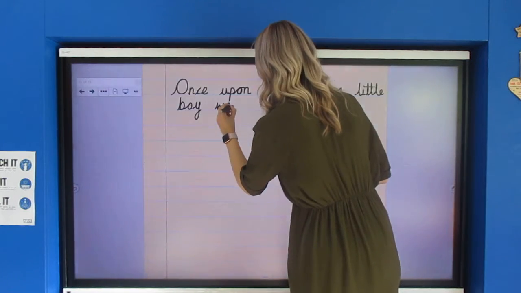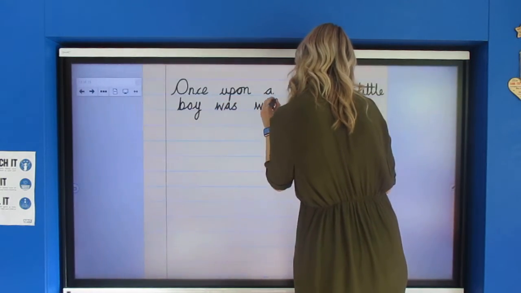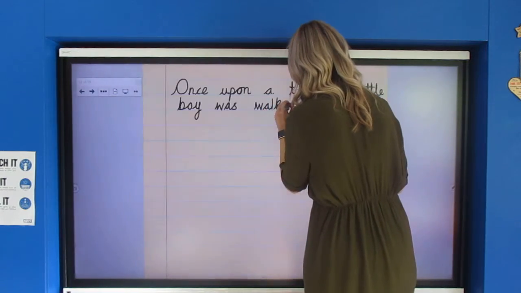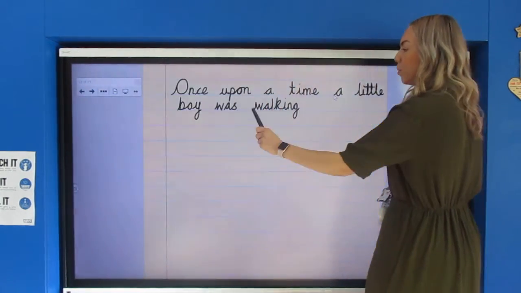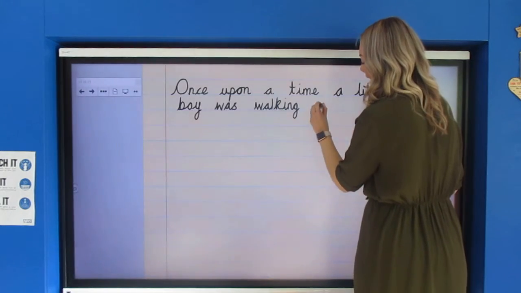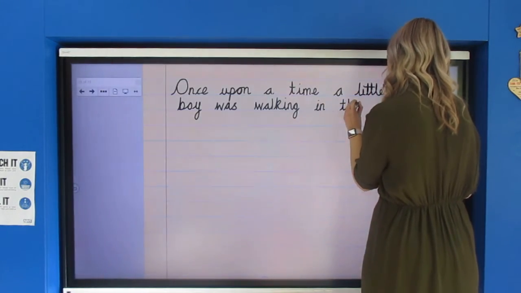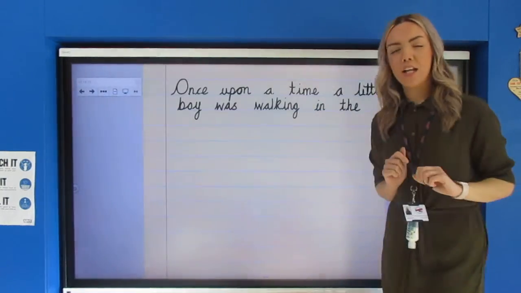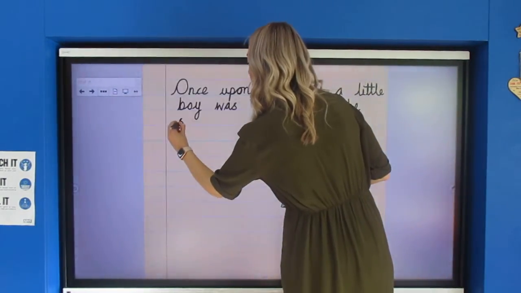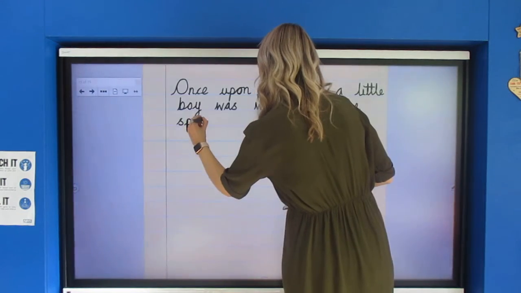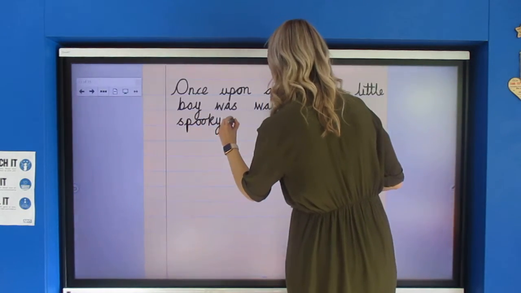Once upon a time, a little boy was walking in the, what was my adjective, year one? Spooky, brilliant. Spooky woods.